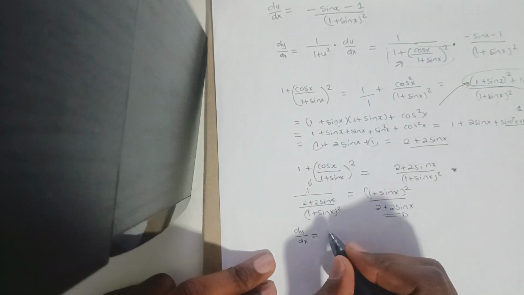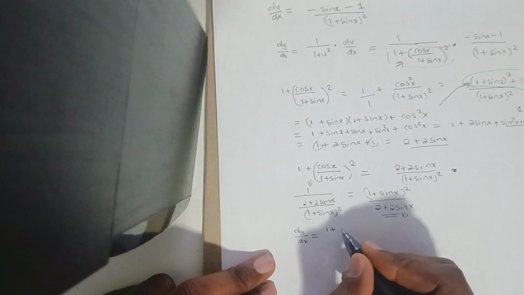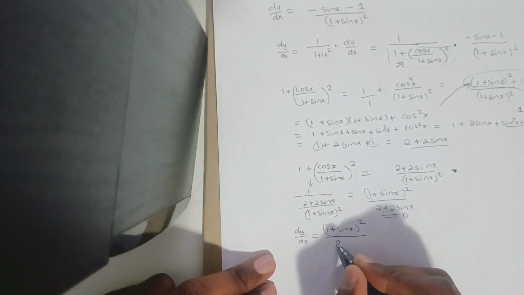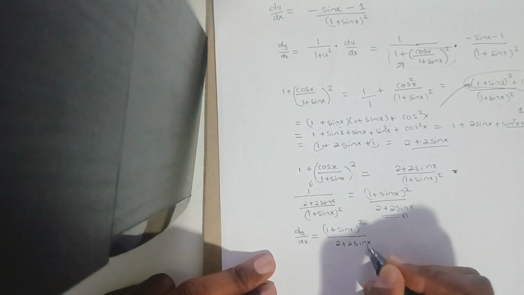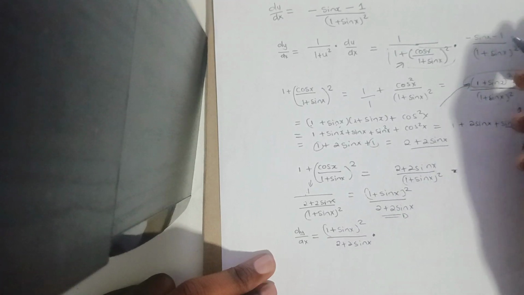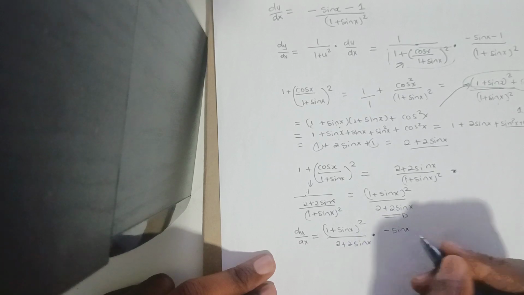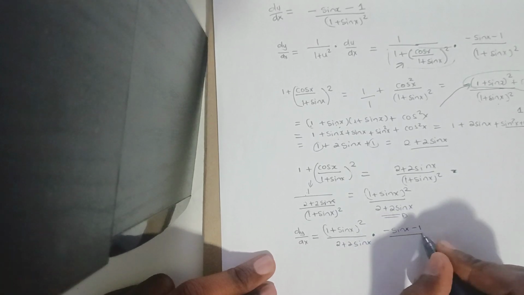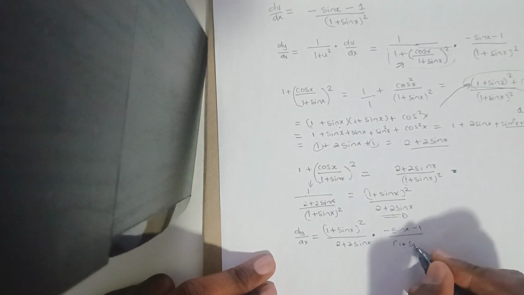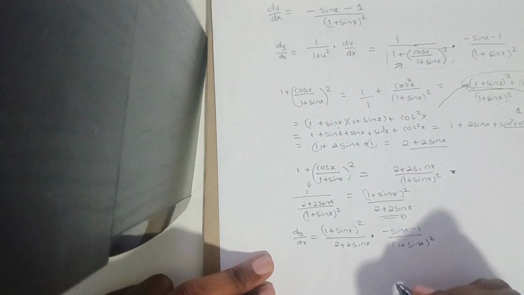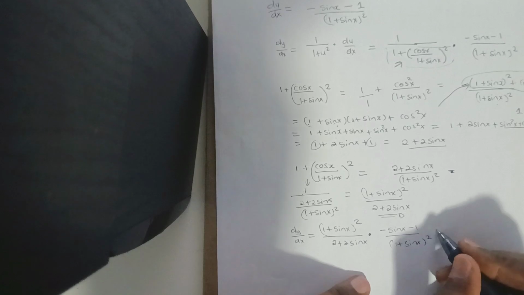So now it's going to be 1 plus sine x squared divided by 2 plus 2 sine x, right? Multiply by this, right? So multiply by negative sine x minus 1, then divide by 1 plus sine x all squared, right? All squared.